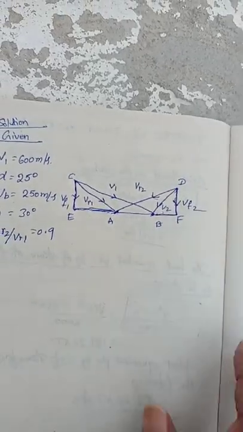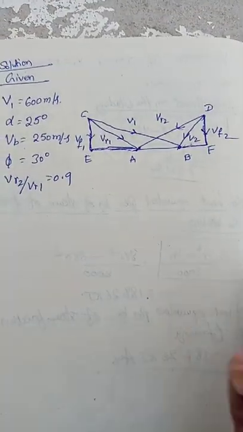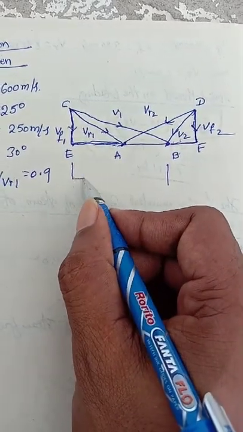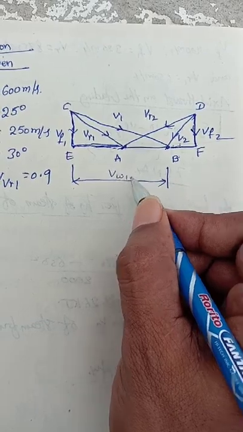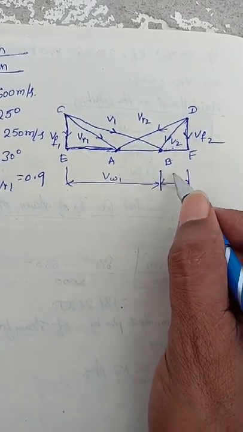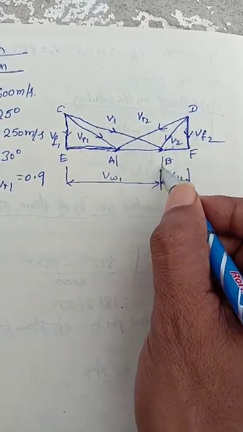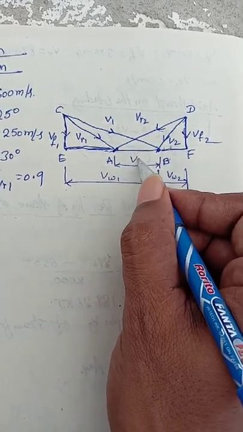You know very well about this compound velocity diagram. And now here to here is VW1, here to here is VW2, and then here to here is the blade velocity VB.